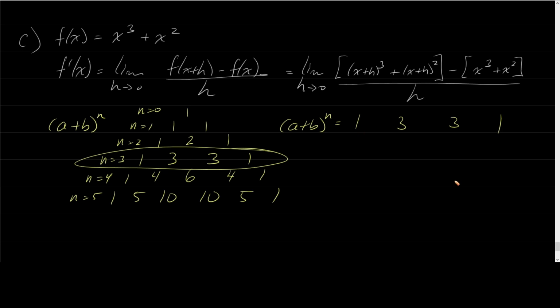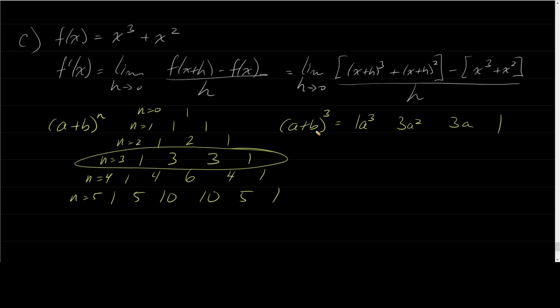The next thing I'm going to do is start with these a's and b's, with a first. And this was (a plus b) to the third. So I'm going to start writing the a's, and I start with a cubed, and then they start going down by power. So this is going to be a squared, then a to the 0, which we don't write.